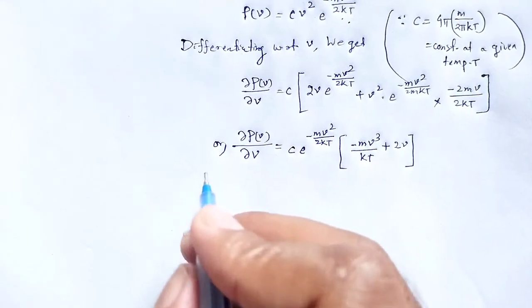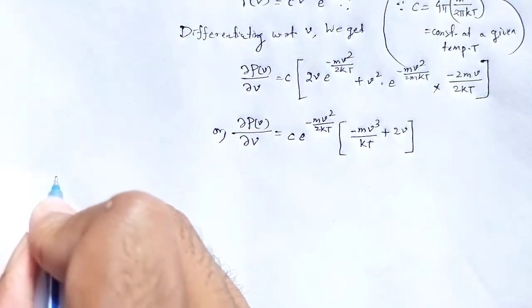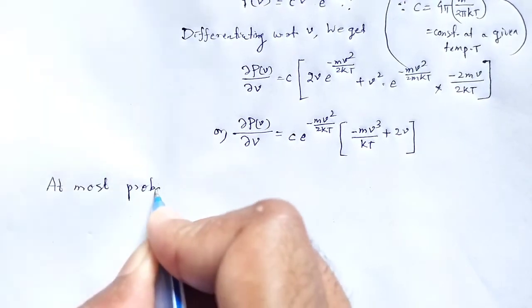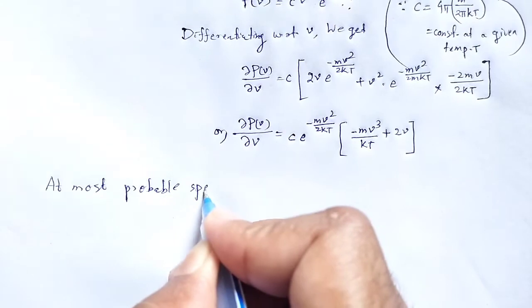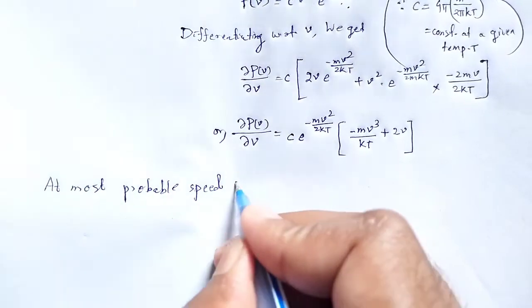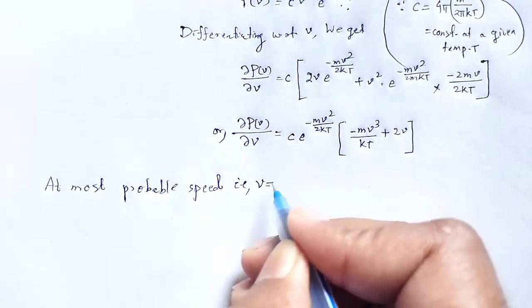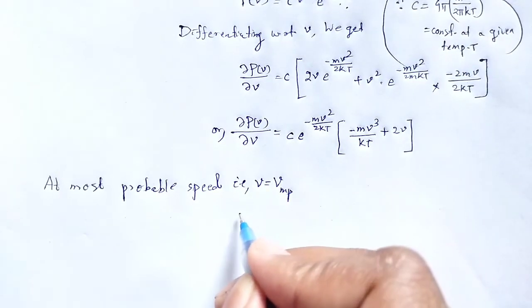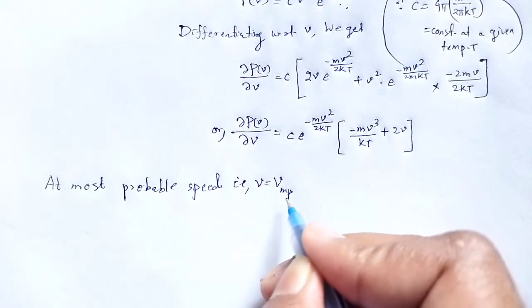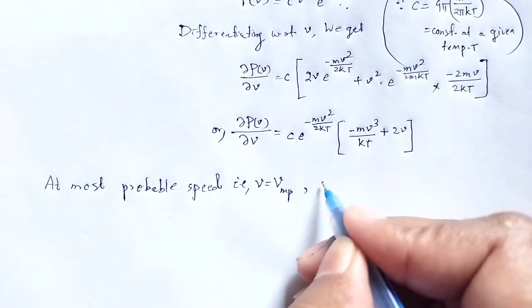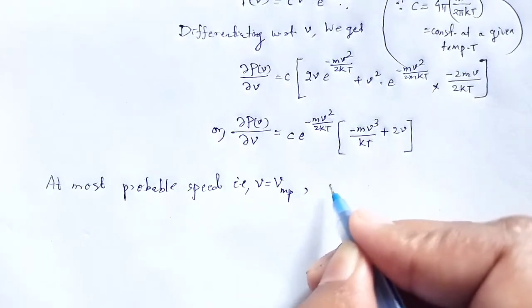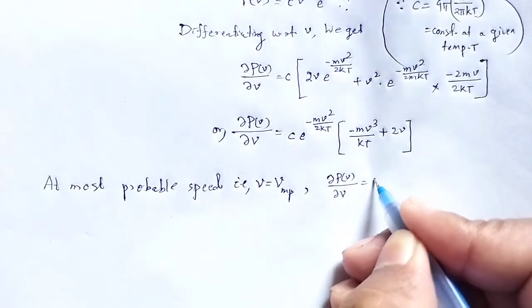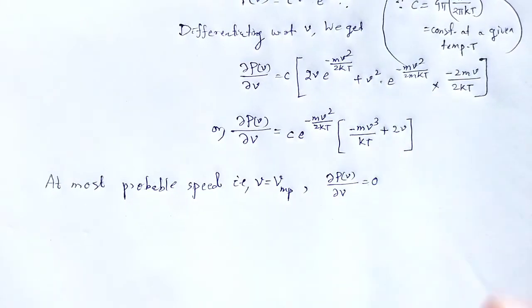At most probable speed, the velocity is written as v most probable, and del P(v) by del v is equal to 0 at the most probable speed condition.